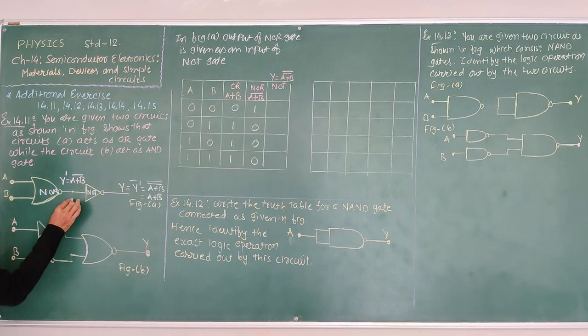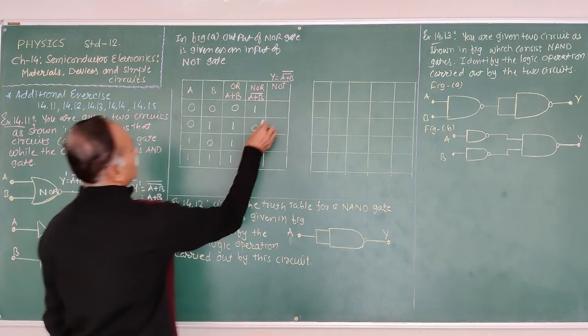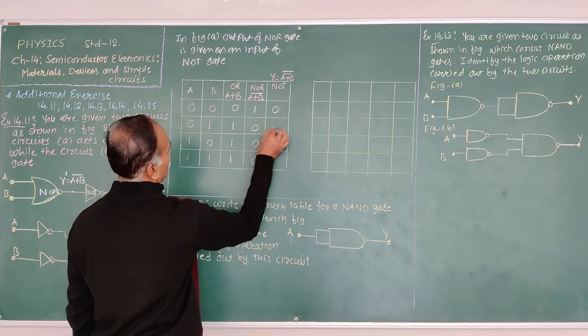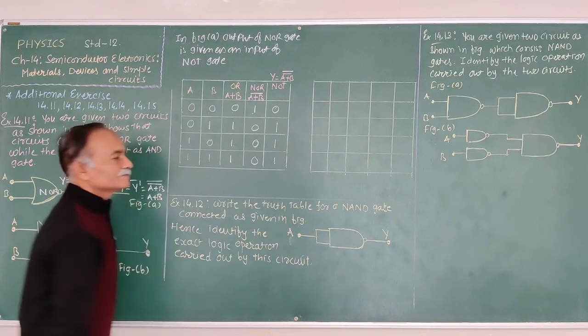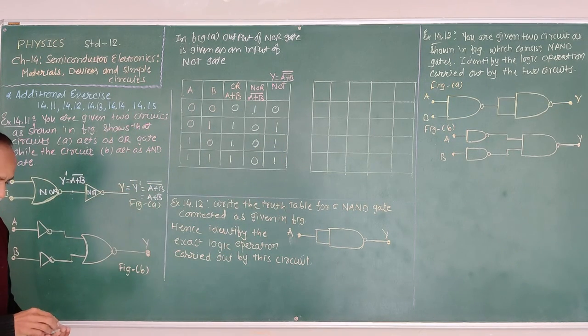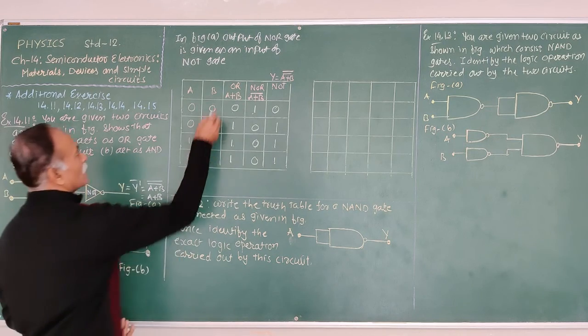So this output of the NOR gate is given as the input of a NOT gate. Again, that is inverted. Therefore, 0, 0 converts into 1, again 1, again 1. So now see there, these two columns are the same.